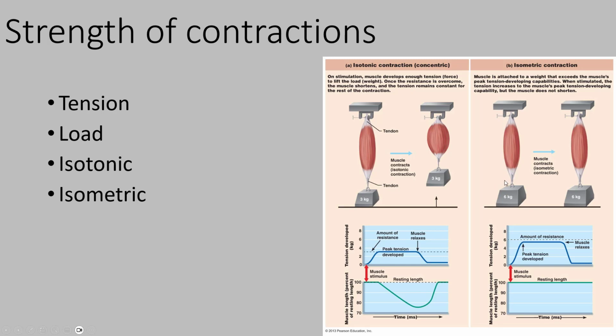Here we've got 6 kilograms, which is too much for this muscle to move. Tension builds as it tries to contract, but it cannot shorten, so the load is not moved. Isotonic, tension builds, muscle shortens. Isometric, tension builds, muscle does not shorten.